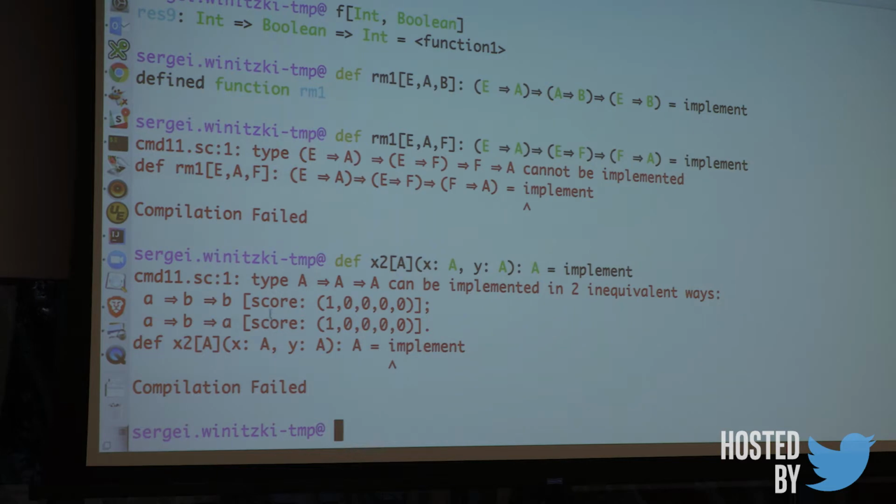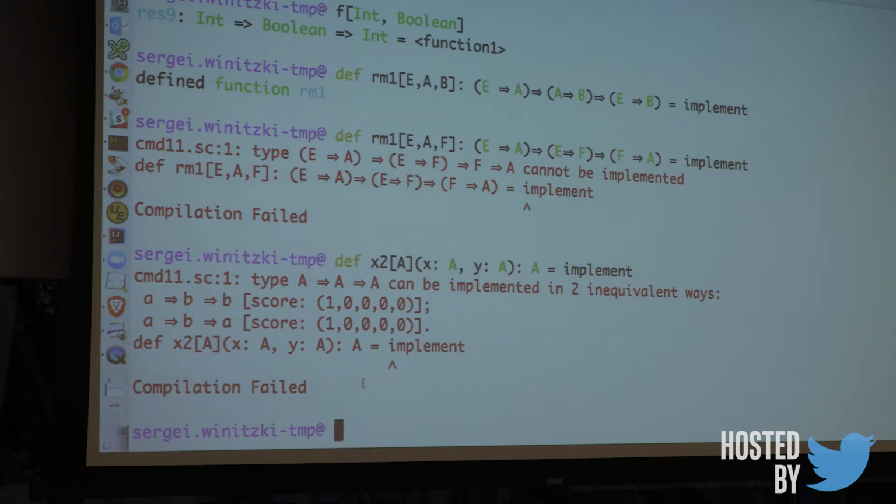In fact, this library tries to be more intelligent, and it tries to assign scores to different implementations. The score, as you see here, is a tuple of numbers, and it doesn't matter what these numbers are, but this score is actually a penalty for losing information. And that's a heuristic that the library uses.